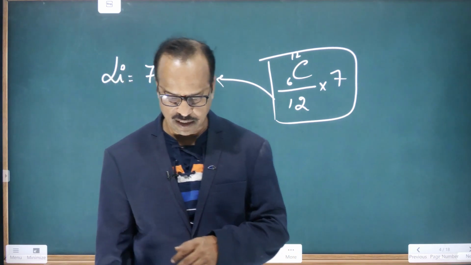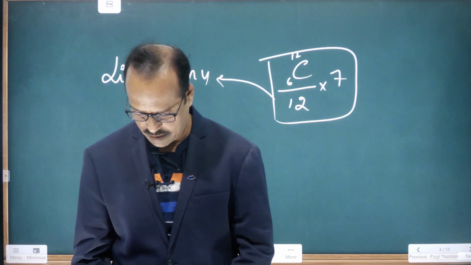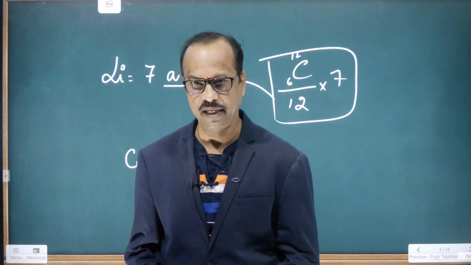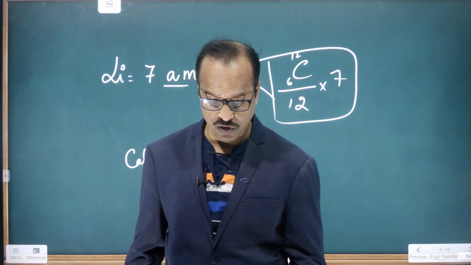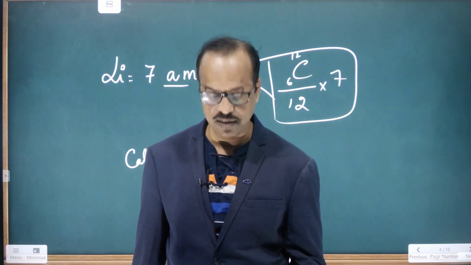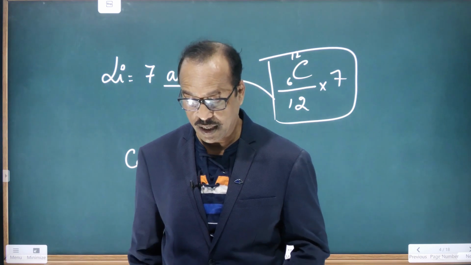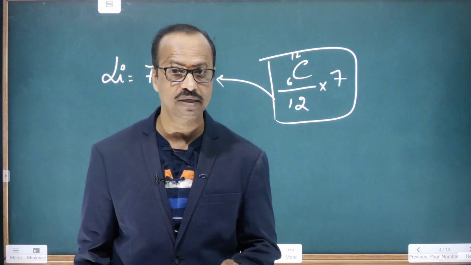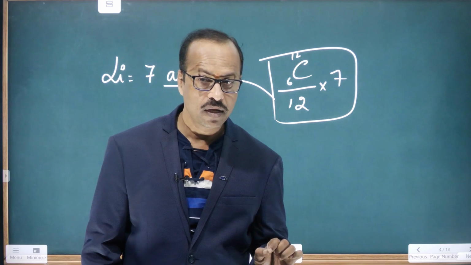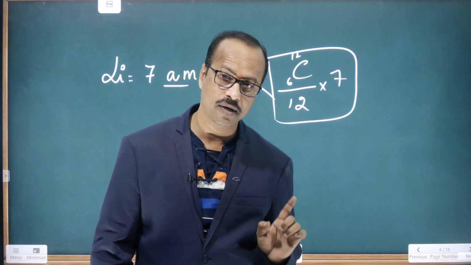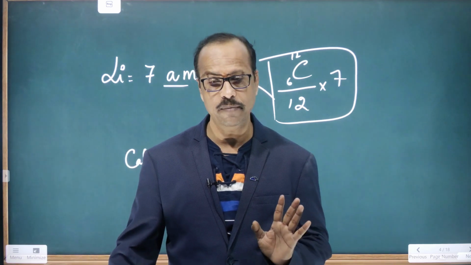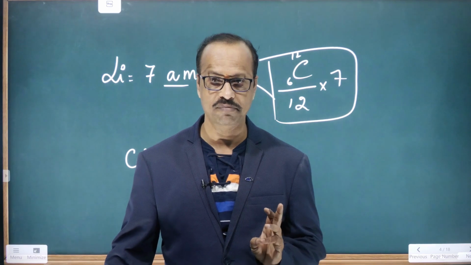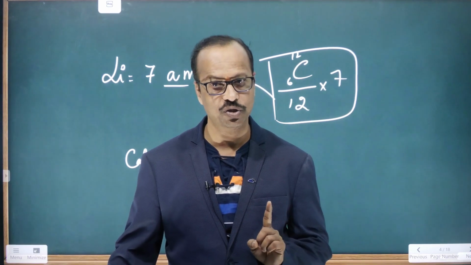For example, if you see page number 51 in your material, there is a list of the first 30 elements. This we already discussed. The atomic numbers, electronic configuration, mass numbers, I told you already during volume 1 to learn the atomic numbers, mass numbers, symbols, and electronic configuration of the first 20 elements.